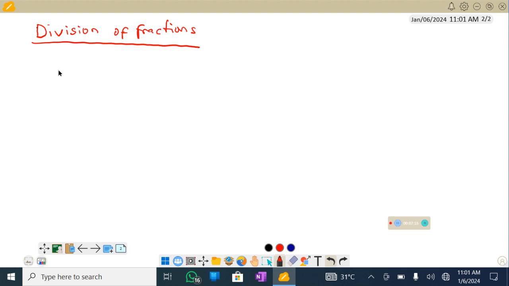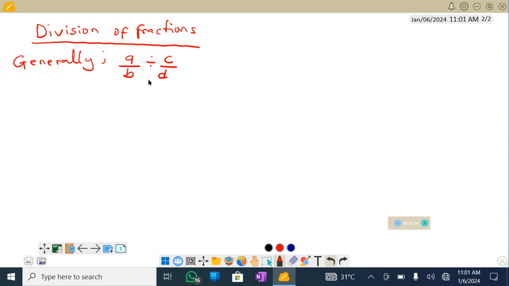When you have division, generally, how does division look like? A over B divided by C over D. So this is division of two fractions.